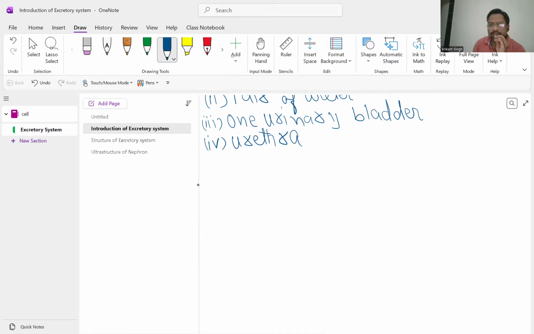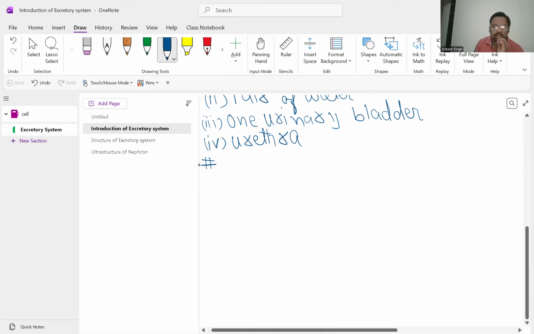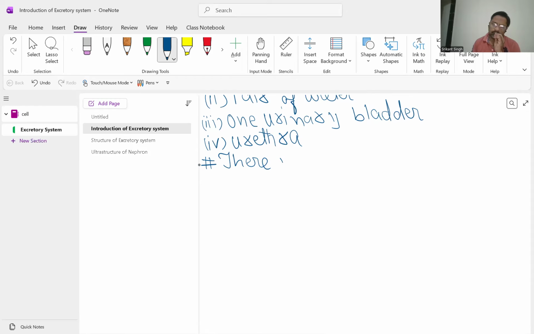Now the question arises: after metabolism of nitrogenous waste, which chemical compounds are formed?